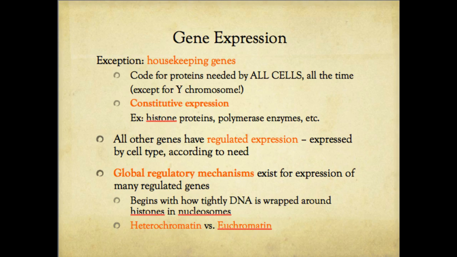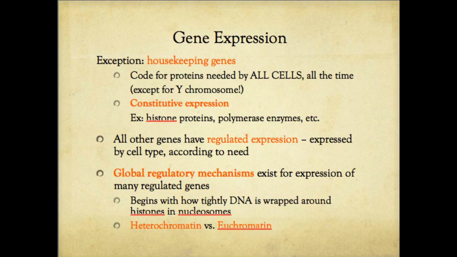So we're going to talk about what are called global regulatory mechanisms that control gene expression. And remember, that word global just means that all cells use these mechanisms. And it all starts with the DNA in the nucleus of the eukaryotic cell being tightly wrapped around histone proteins in these nucleosomes.